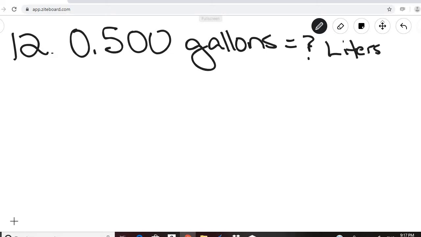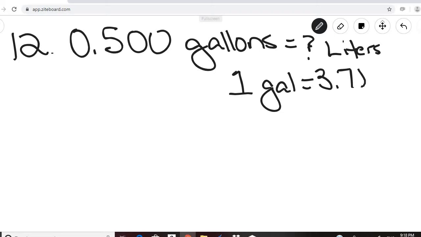Okay, so let's first say that the unit conversion for this one would be that 1 gallon is equal to 3.78 liters, and that's given to you in the problem.